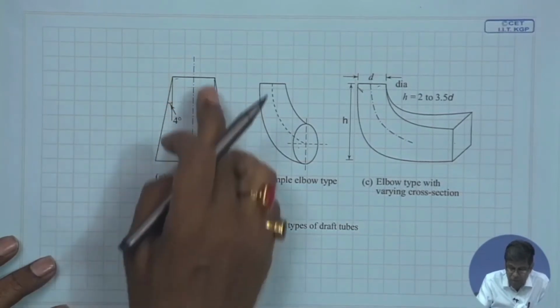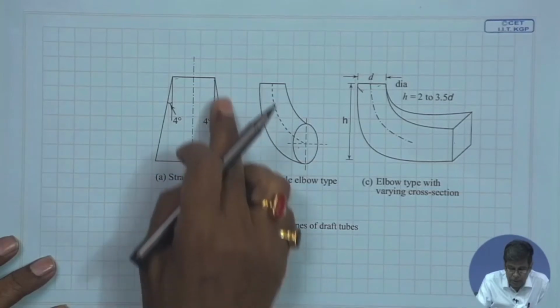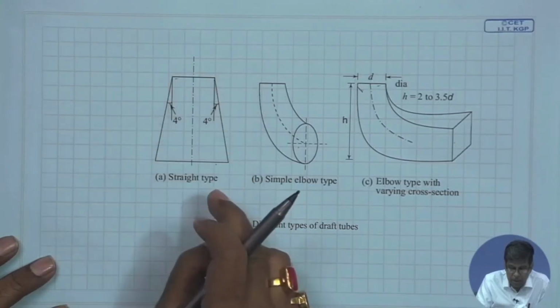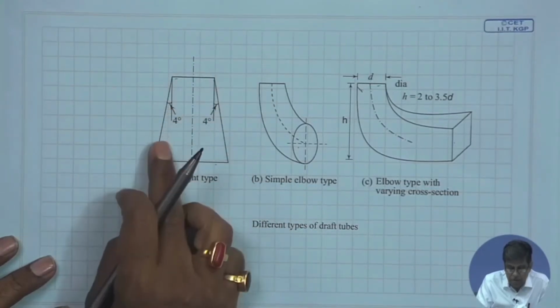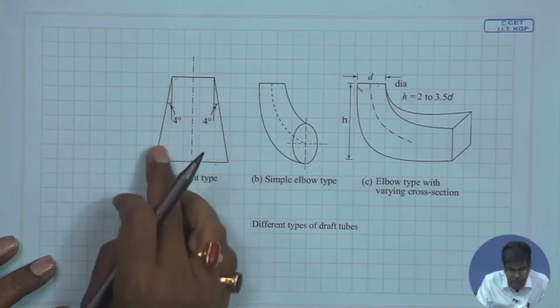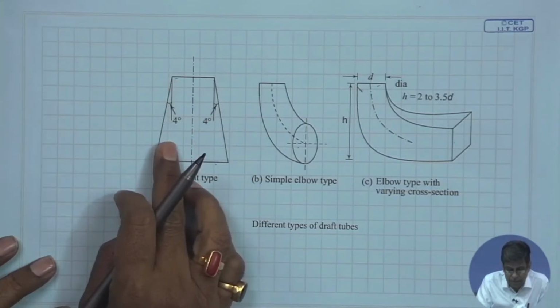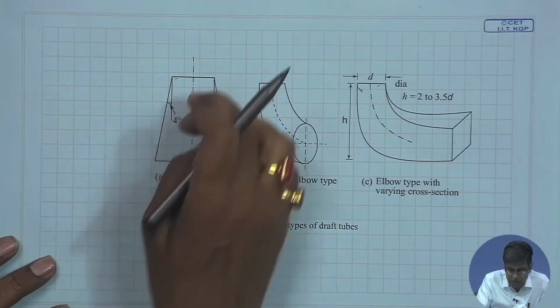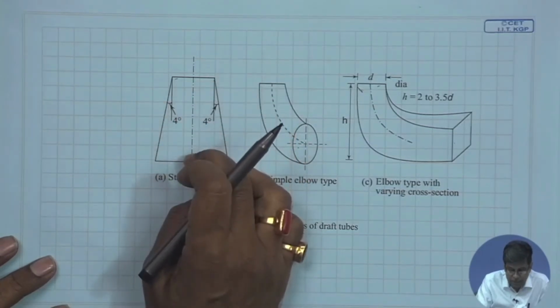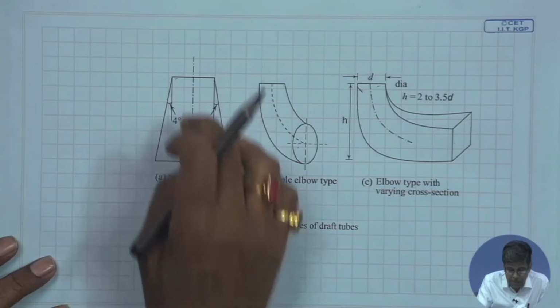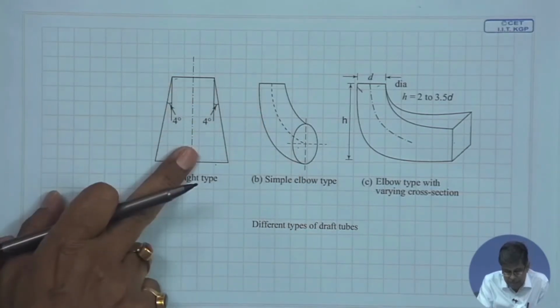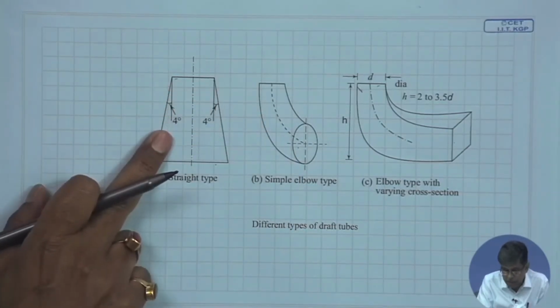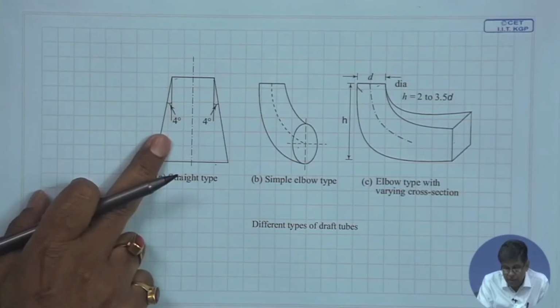This angle should be very less, it should be kept below 8 degree to avoid the boundary layer separation. There is every likelihood of the boundary layer separation and add more losses. This is because the fluid is flowing in an adverse pressure gradient. The pressure in the downstream is more than the upstream, and in this situation we incur the boundary layer separation.